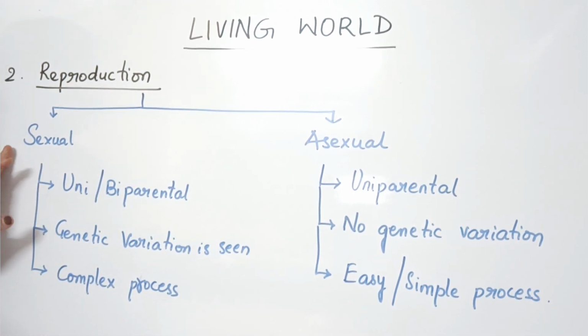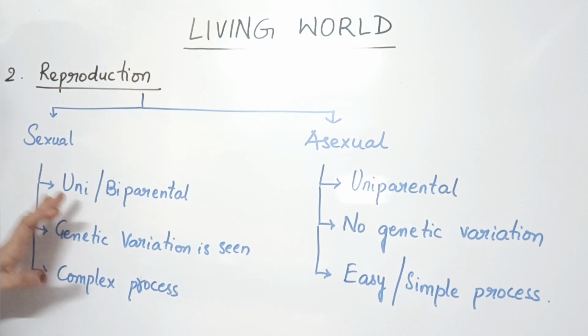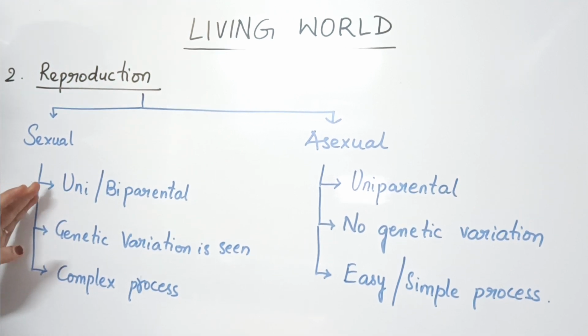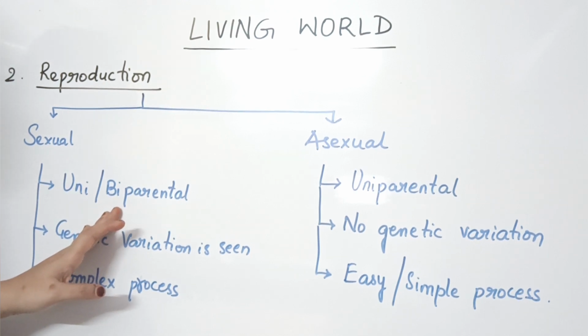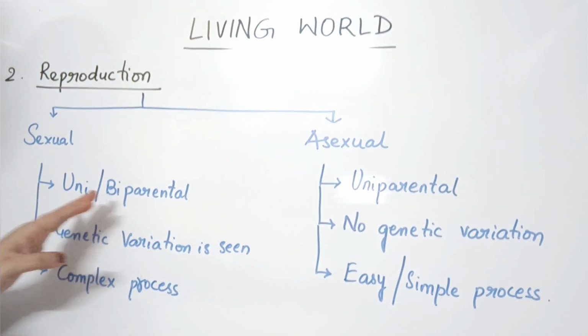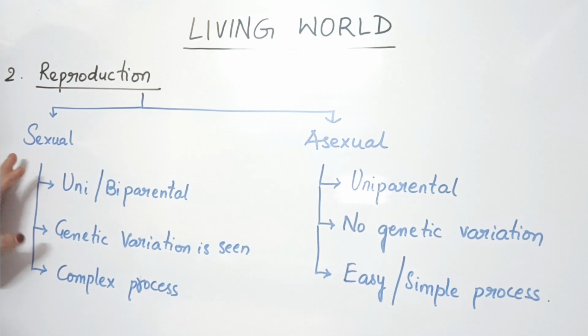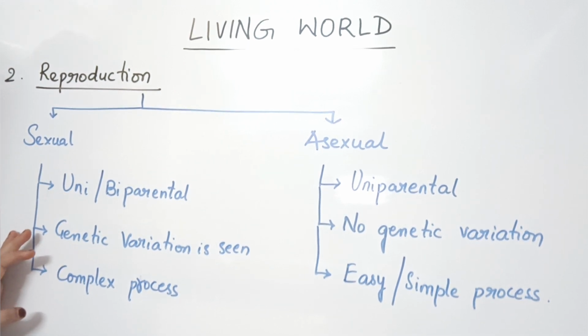Clear? Now, sexual reproduction involves uniparental or biparental, which means it can be seen in single-celled organisms, or in cases where two different parents are involved. In this case, genetic variation is seen. When the progeny is formed, the offspring will be different.